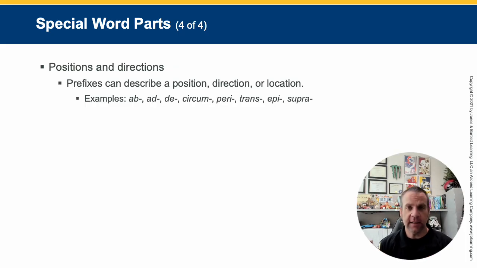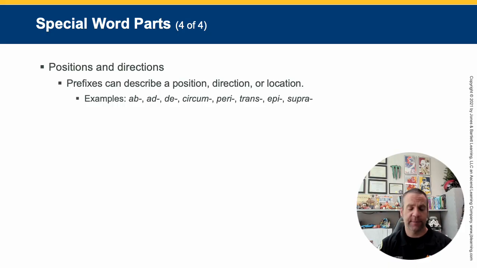You also have de, which refers to something being down or away from normal, like dehydration from loss of water. Circum means around. You'll see this in circumduction, which is arm movement in circles, and circumoral cyanosis, which is bluish discoloration around the mouth.